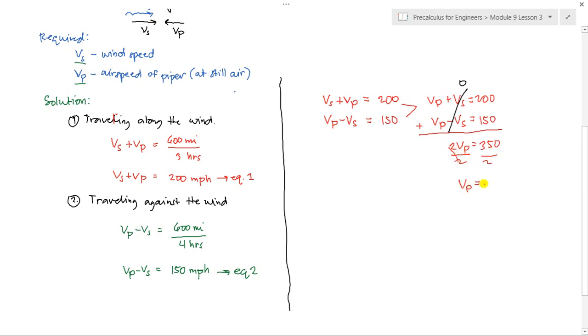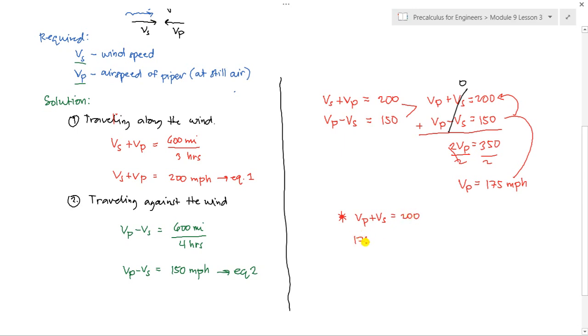So we have the velocity of the Piper. Okay. Velocity of the Piper is 175, so 175 miles per hour. And in order to solve for the velocity of the wind, we substitute into either of these two equations. So let's say I'm gonna choose the first equation. So I have Vp plus Vs is equal to 200.